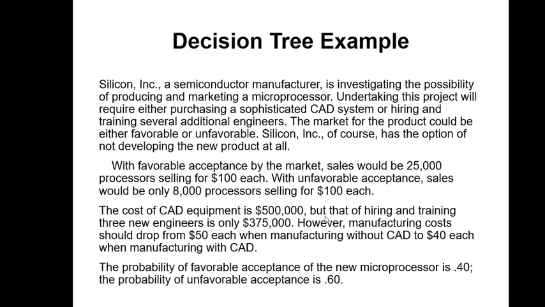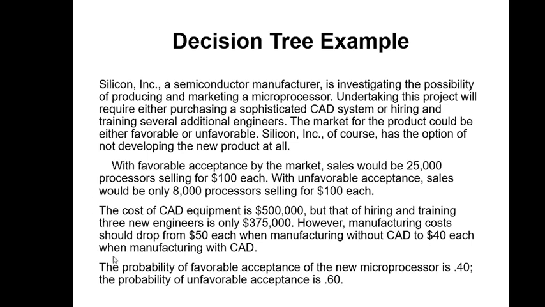But the other option, hiring and training 3 new engineers, will cost us only $375,000. However, manufacturing costs should drop from $50 each when manufacturing without the CAD system. Without the CAD system, if we do it ourselves, it will cost us $50 each. But with the CAD system, the cost will be $40 per unit.